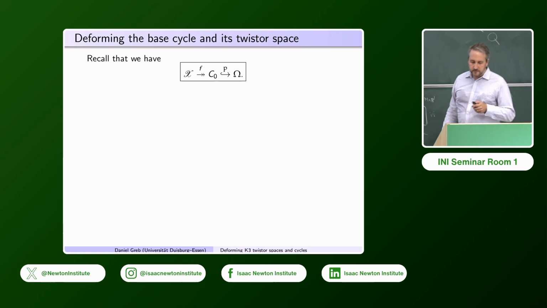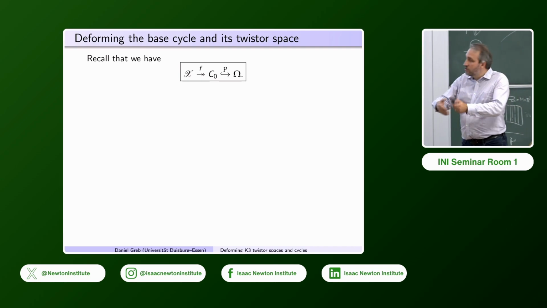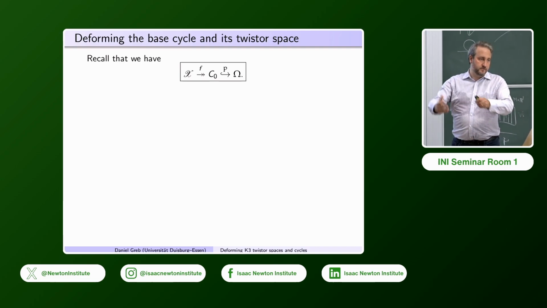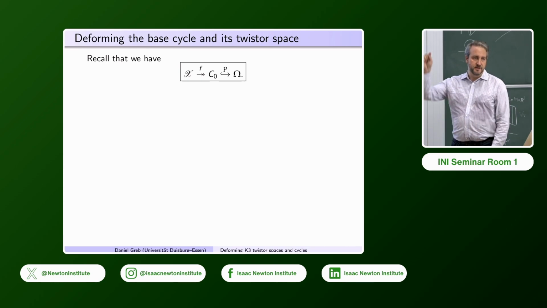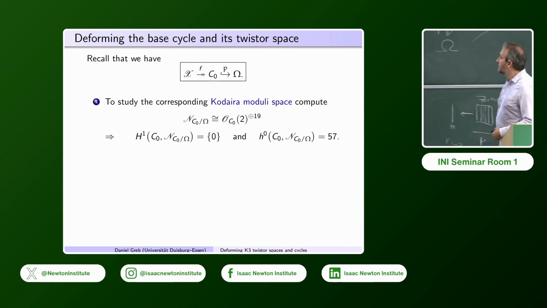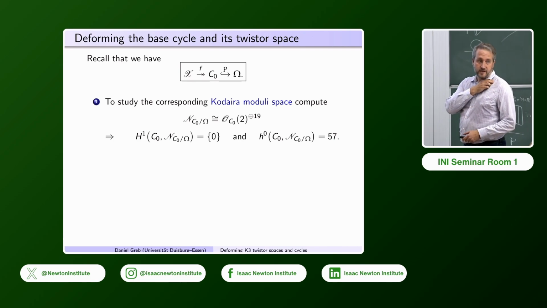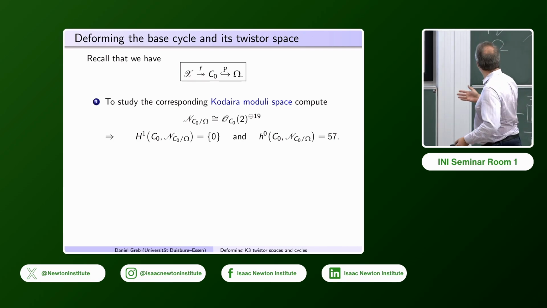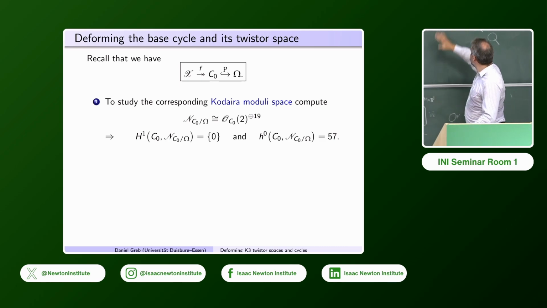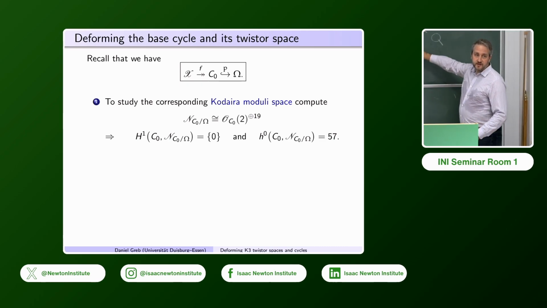And you know this from, let's say, twistor theory. So this means you want to consider the Kodaira moduli space in which this submanifold is a point. And for this, you compute the normal bundle and the cohomology. It's easy to compute the normal bundle because this is an intersection of a plane with a quadric.